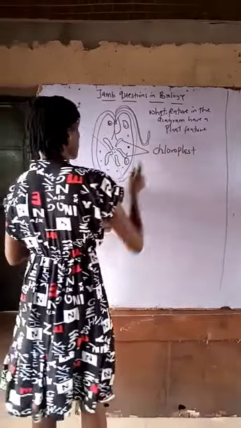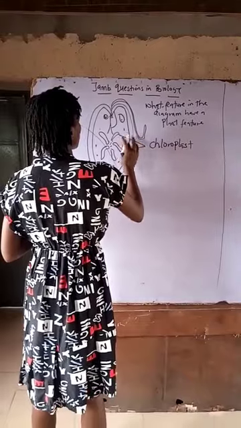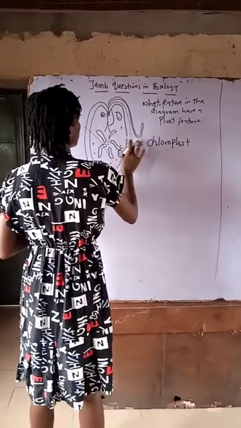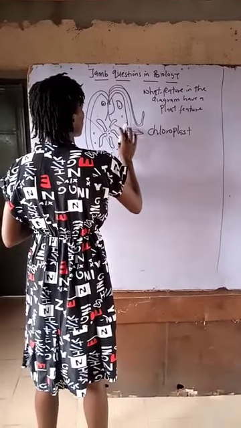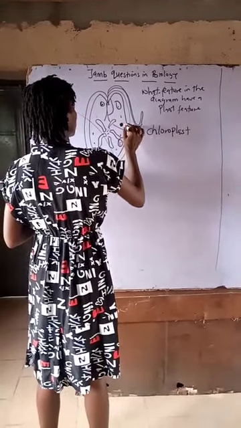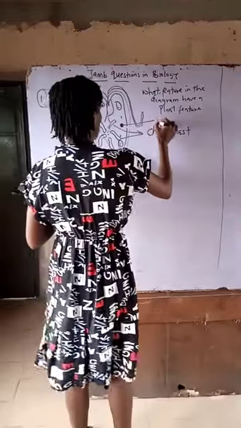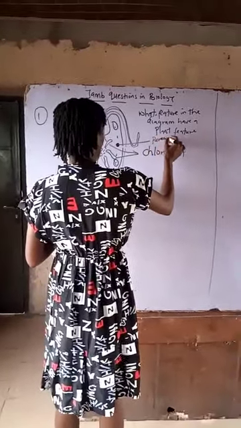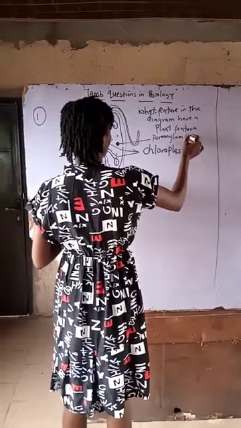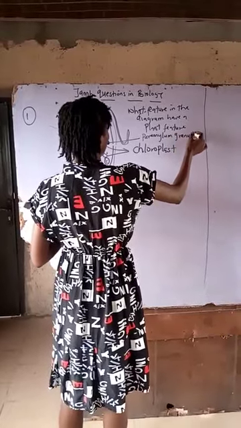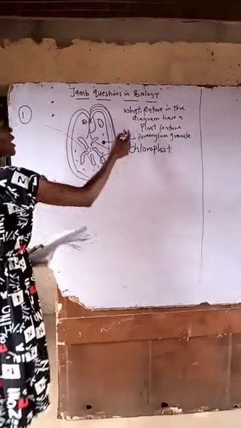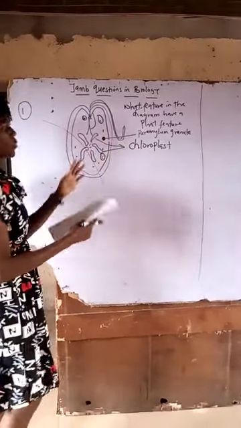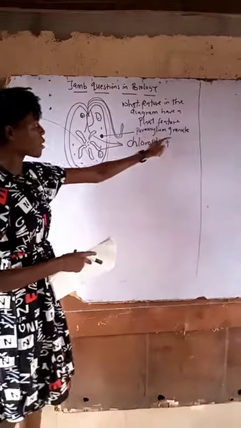And this other feature here is called the paramylon granule. Now, these are the two main plant-like features. That's the chloroplast and the granule.